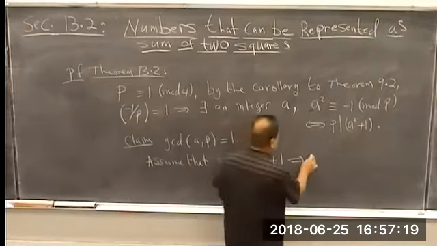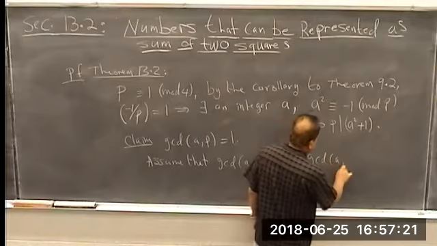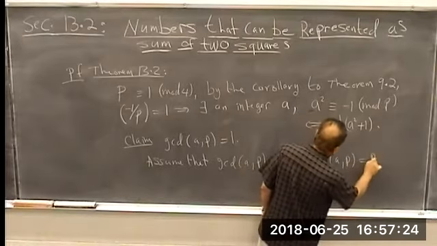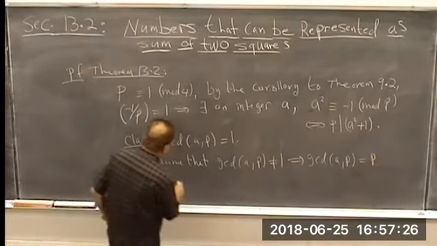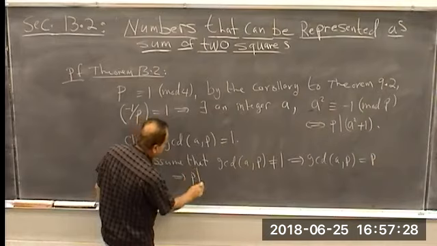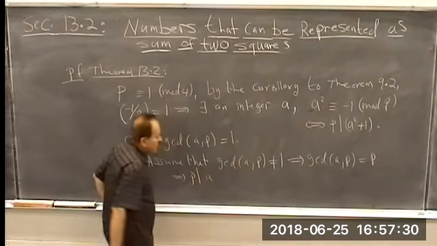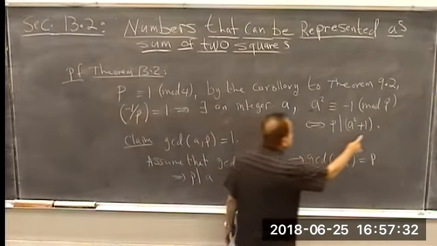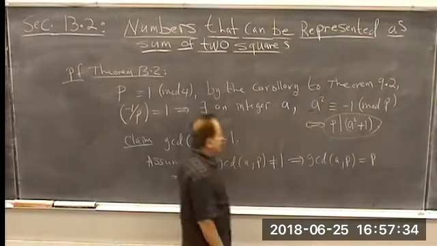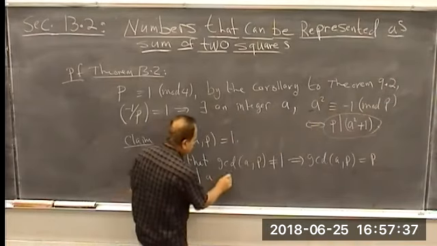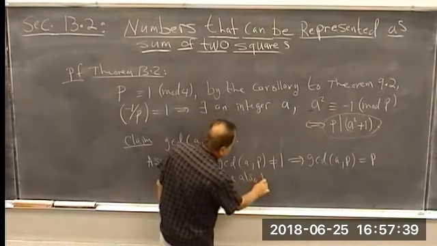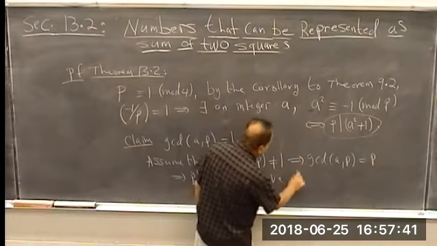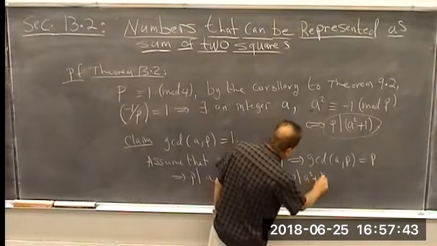So this implies the greatest common divisor is equal to p, and this in itself implies that p must divide a. We also have from here that p divides a squared plus 1.